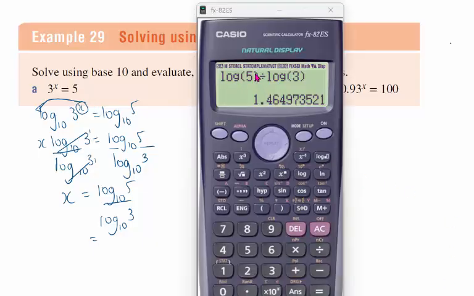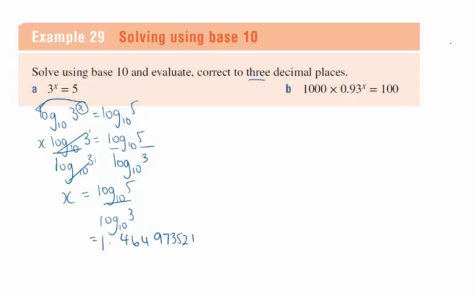Okay, so put it in your calculator, make sure you close the brackets, press equals, and you get 1.4649735521. So we'll write that down and then we'll round.